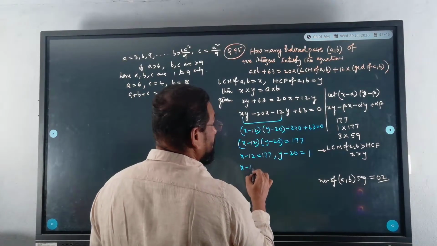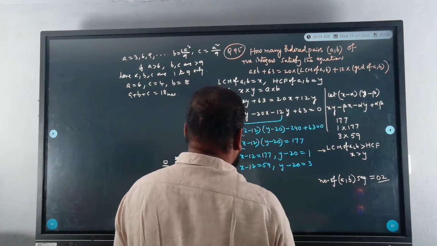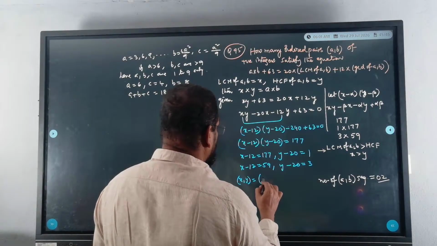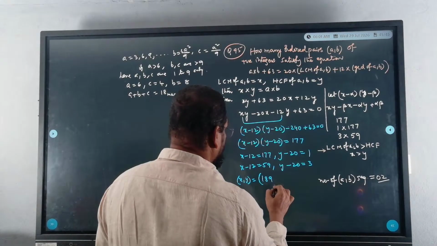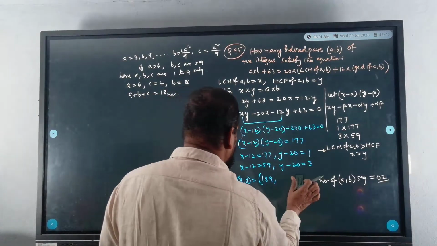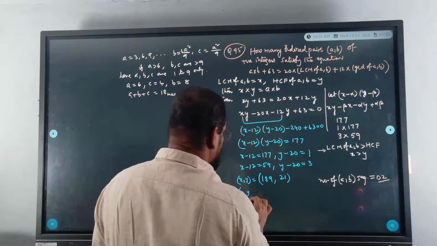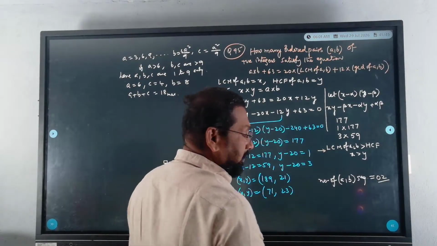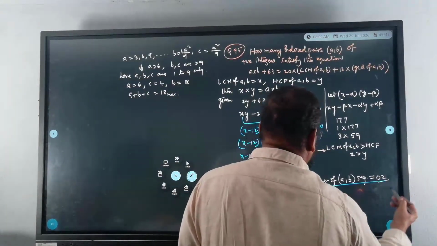Like x minus 12 is equal to 59, y minus 20 is equal to 3. So now the possible pairs for x comma y are 189 comma 21, and x comma y in this case is 71 comma 23. So number of AB required is 2.